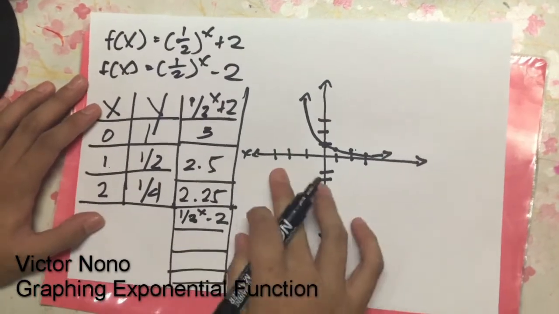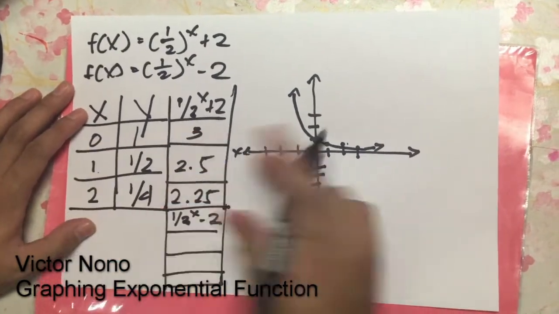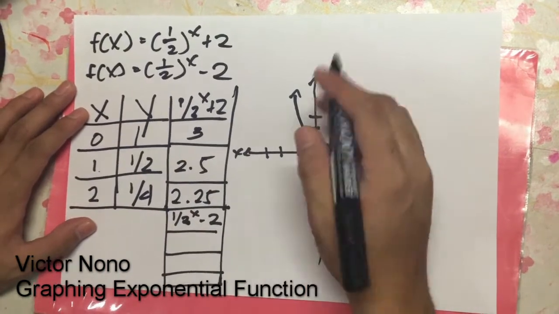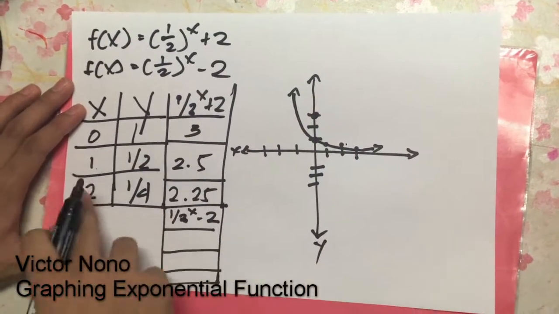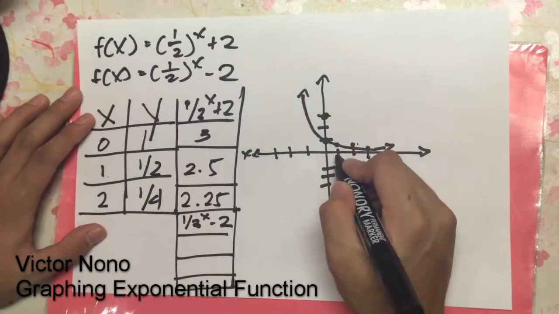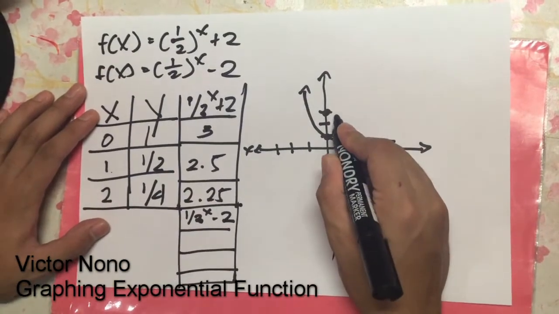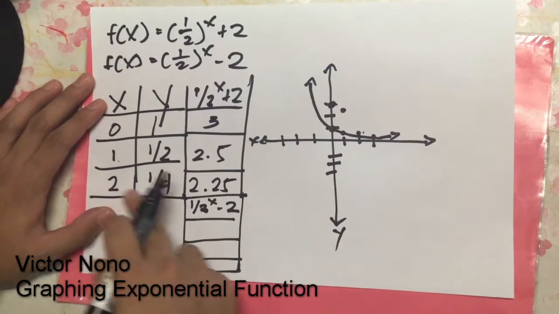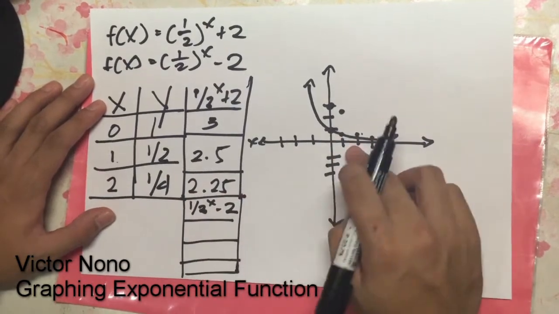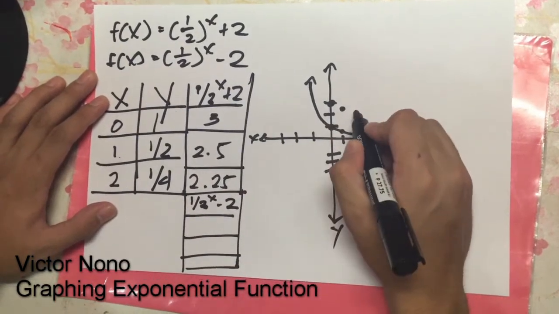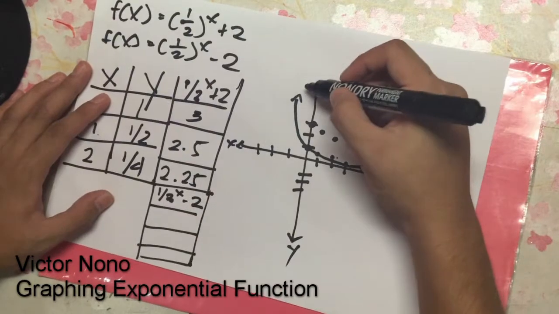So let's graph 0 and 3; 1 and 2.5; 2 and 2.25. So the graph will be like this.